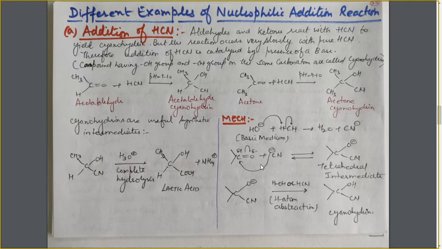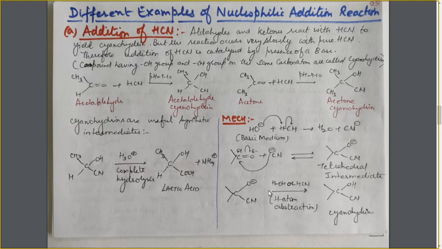Now, what will happen? The CN will get attached to the carbon atom, and the oxygen will have the negative charge. This species is known as the tetrahedral intermediate, and as I have already said, it behaves as an alkoxide ion, which, being a very strong base, will abstract the H positive ion from the solvent, that is water, or from the reagent, which is HCN.